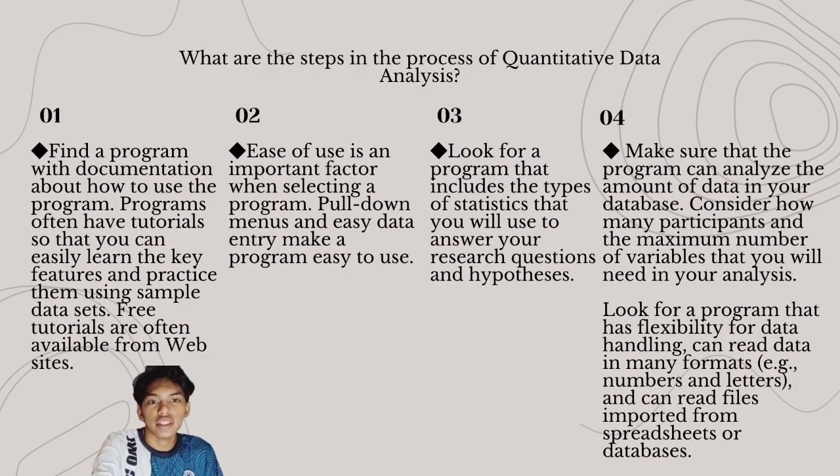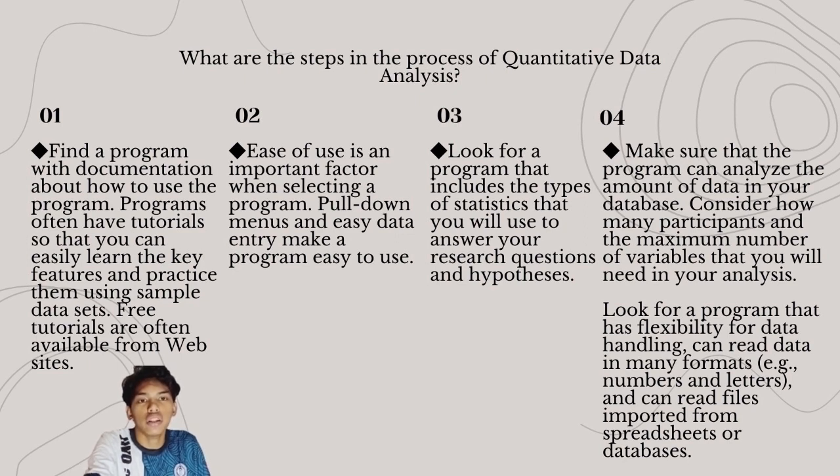When choosing a statistical program for data analysis, researchers should consider several factors. First, it is important to find a program that provides documentation and tutorials to help users understand and navigate its features. Free tutorials are often available on websites. Ease of use is another crucial factor to consider.